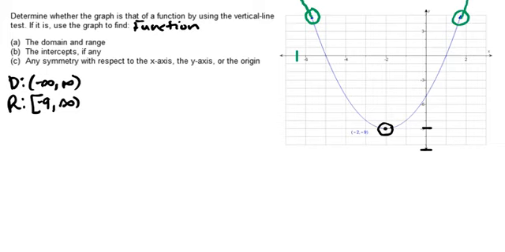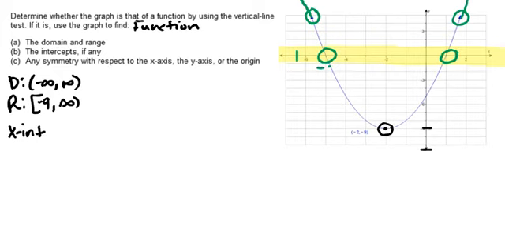So let's move on to the next part, which is asking for the intercepts. We have two types of intercepts that we want to pay attention to. We have X-intercepts and Y-intercepts. An X-intercept is where the graph crosses or touches the x-axis. So here's our x-axis. It's the horizontal axis, and I'm noticing two spots where the graph crosses the x-axis.